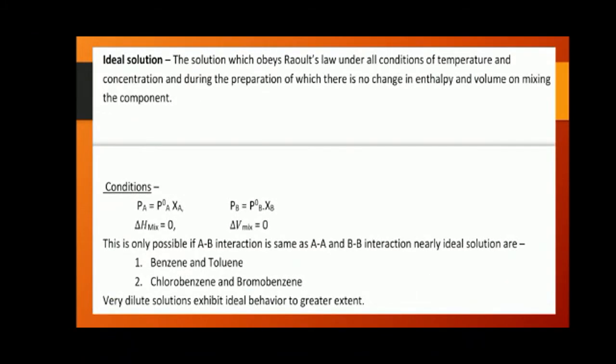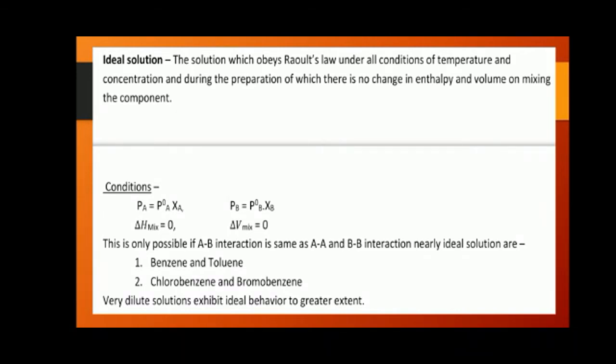Now, ideal solution. The solution which obeys Raoult's law under all conditions of temperature and concentration, and during the preparation of which there is no change in enthalpy and volume on mixing the components. The conditions are: it must follow Raoult's law.